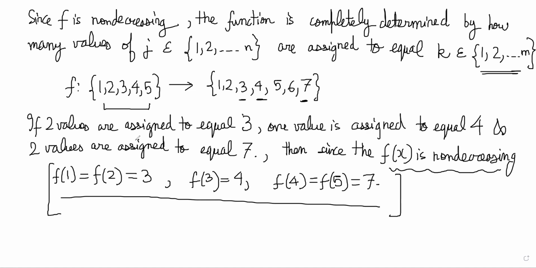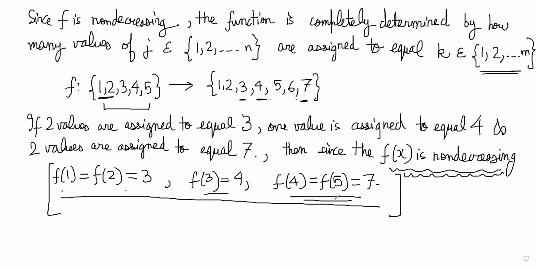So once you are specifying how many of the pre-images are linked to which images from the set of codomain, then automatically, because the function is non-decreasing, we can establish which ones are which, right? We can establish the exact function.